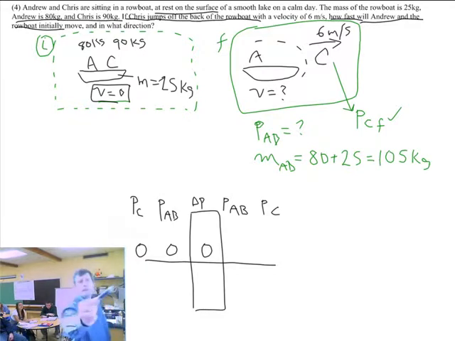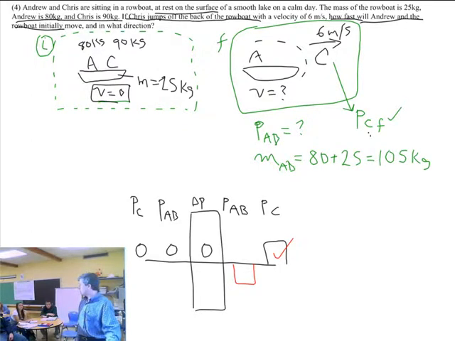Now, the final momentum of Chris is a known quantity. We haven't calculated it yet, but we know what it is. That means what? We've got 4 out of 5 bars. So if this is a known quantity, we're going to be able to find that out. So that means that the final momentum of Andrew and the boat, that's going to be a known quantity.